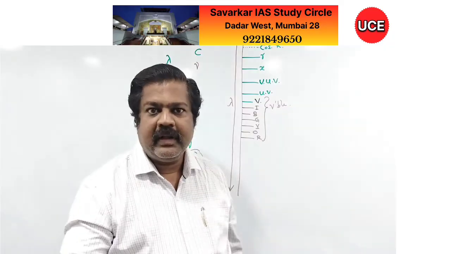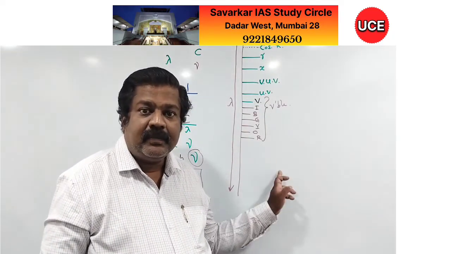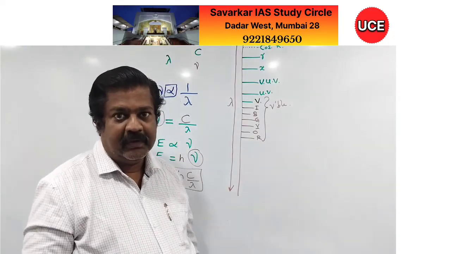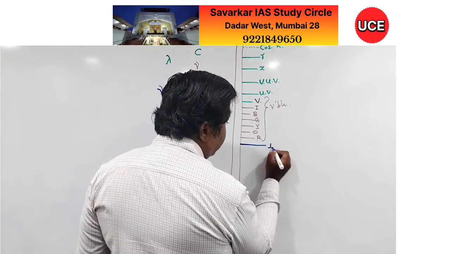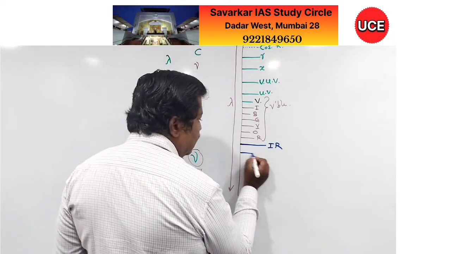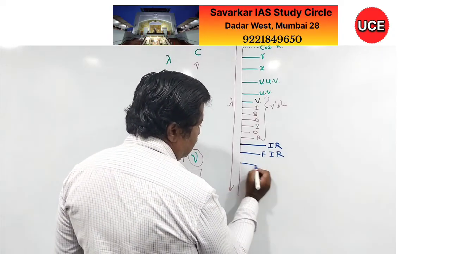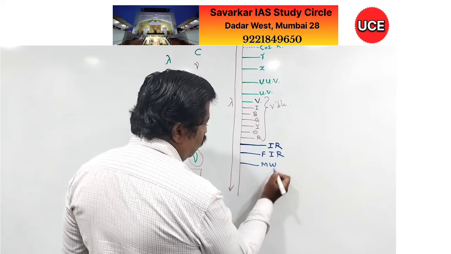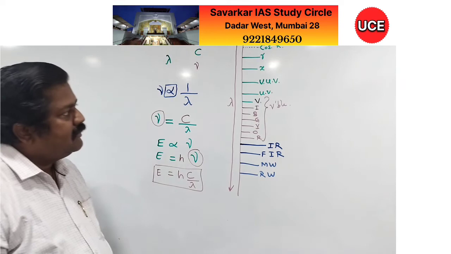So here we are getting all these visible things. Only this much spectra is visible. Now red onwards, we are getting infrared, then far infrared, then microwave, then radio waves.